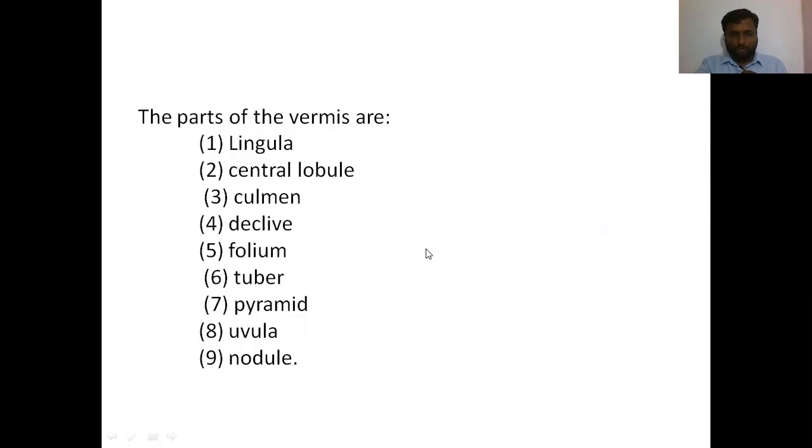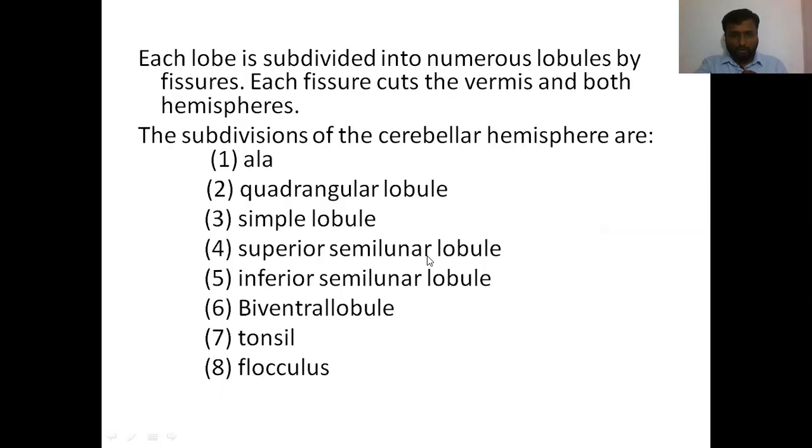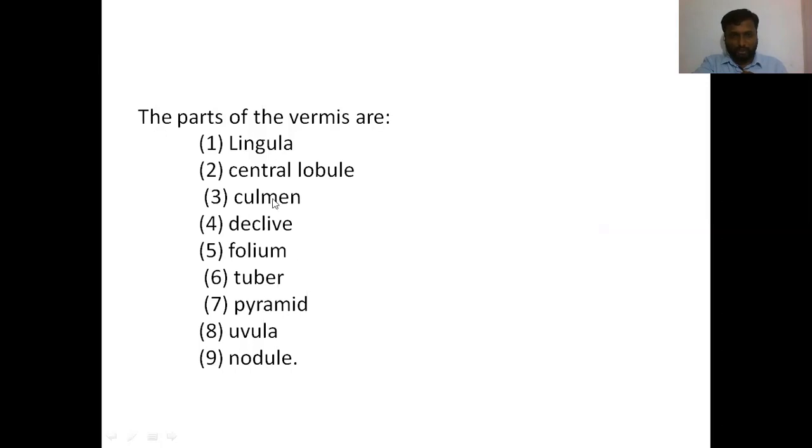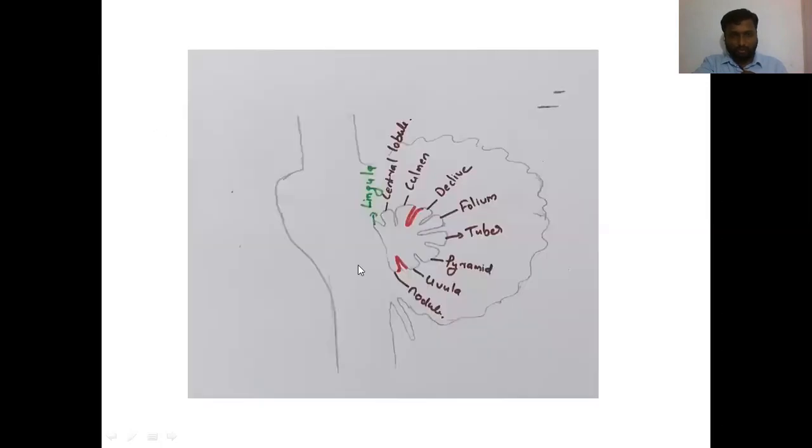These are the lobules. Each hemisphere is divided into numerous lobules. Like that, the vermis is also divided into numerous segments or lobules. So this is the vermis, and these are the segments of this vermis. Here also we can see the primary fissure, posterolateral fissure, and horizontal fissure.